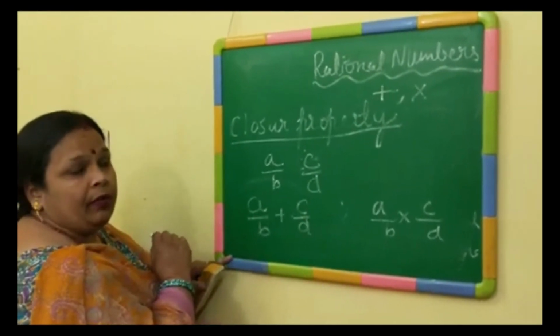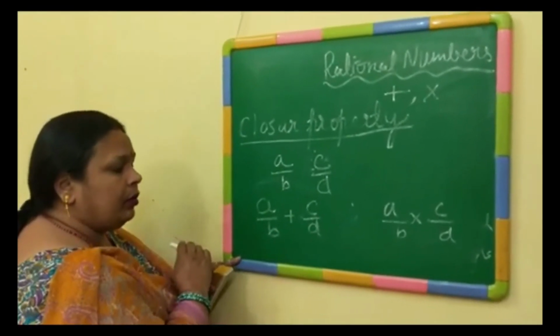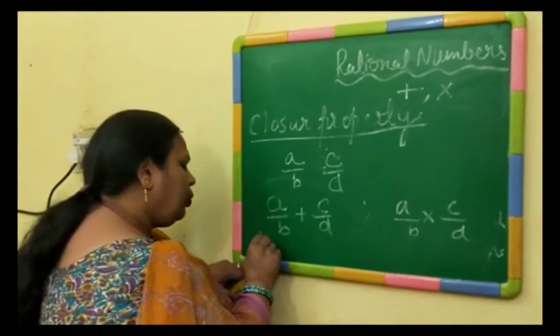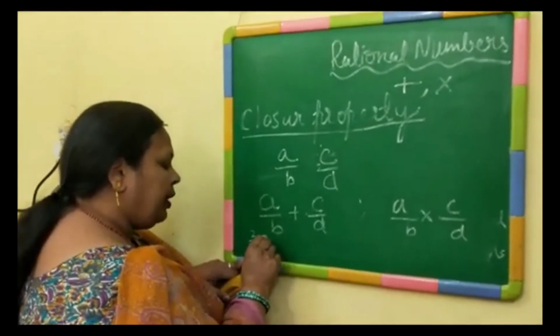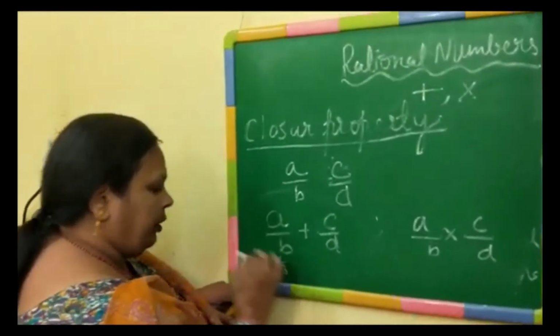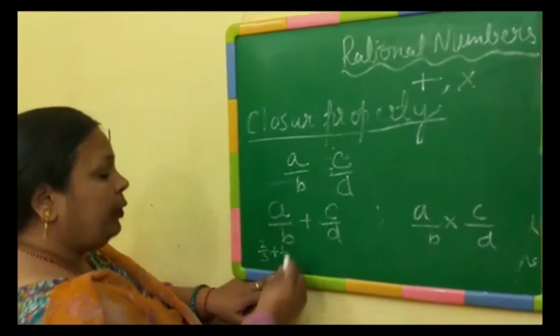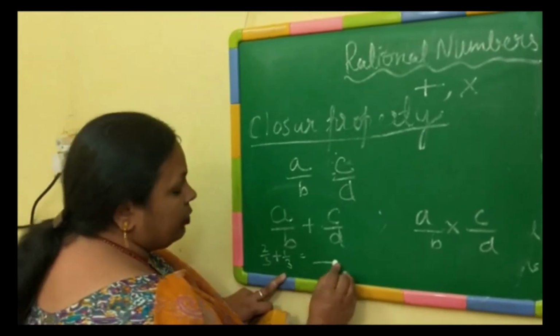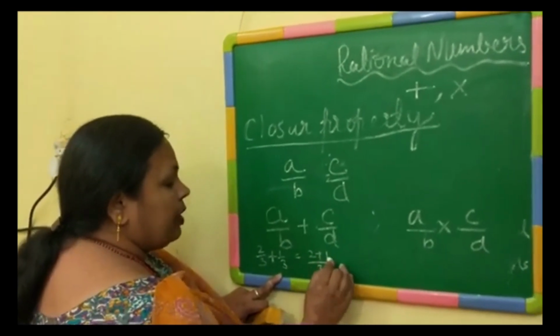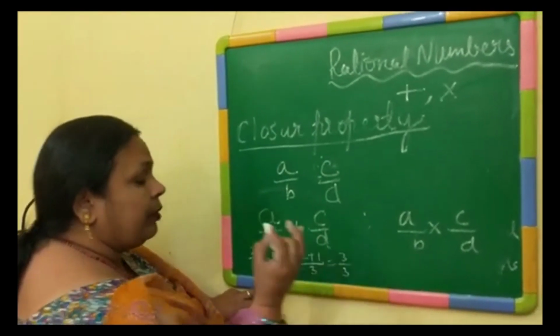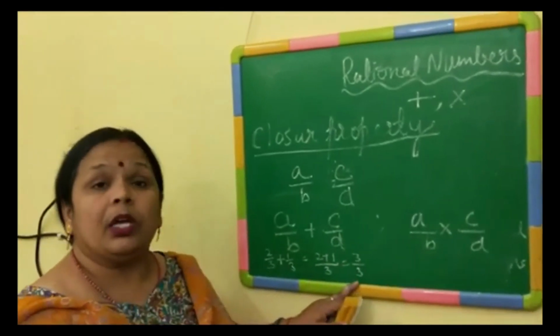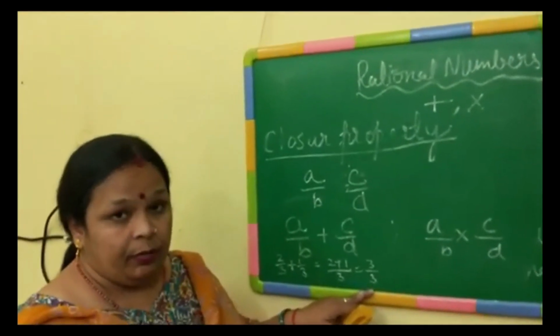Whatever number we have, like if we take an example of 2 by 3 plus 1 by 3. Clear? Now recall the property of fractions. The denominators are same, so the denominator is 3, and the numerator is 2 plus 1, that is 3 by 3. 3 by 3 is again a rational number. Clear?